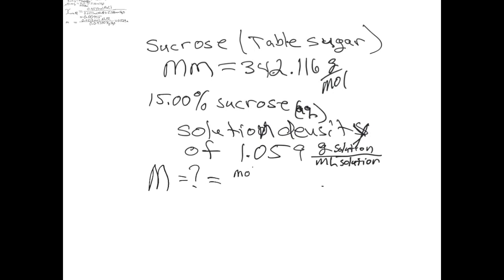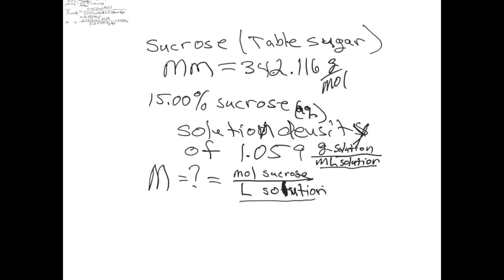In this case, we want moles of sucrose per liter of solution. Notice this is milliliters of solution, but here we want liters of solution. So how do you think we could make that work real easy?